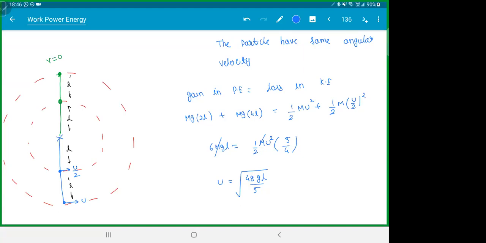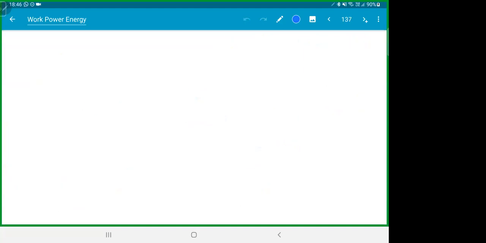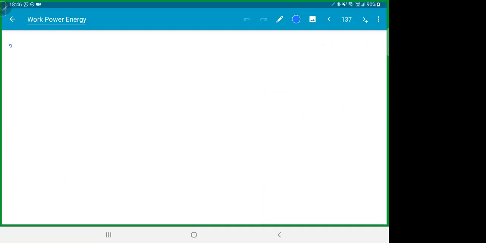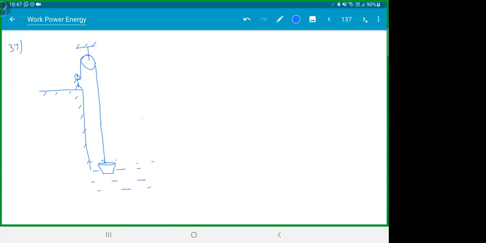Next one. Now, this is not exactly vertical circular motion, but there is one model. We will again study more about this in center of mass, but let me show you one. So we have a person here who is pulling water from 10 meters depth.